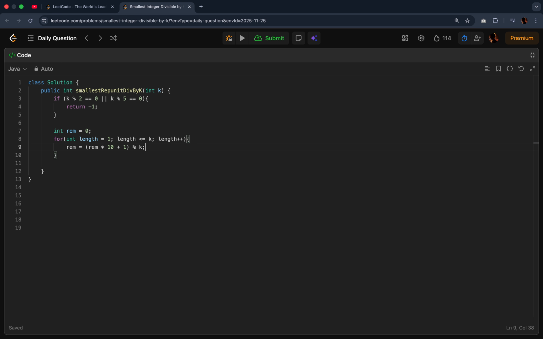Basically 1, then 1 times 10 plus 1 is 11, then 11 times 10 is 110 plus 1 is 111, and then we are taking it mod k to find the number of ones. So that is what we are doing.